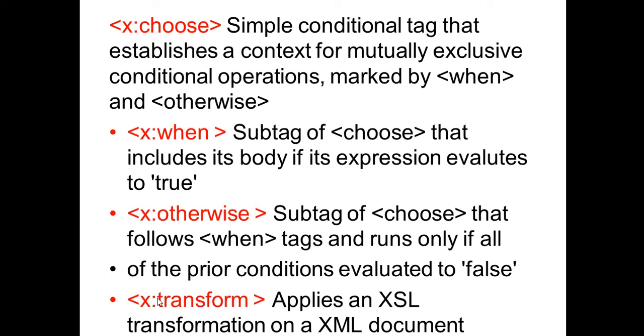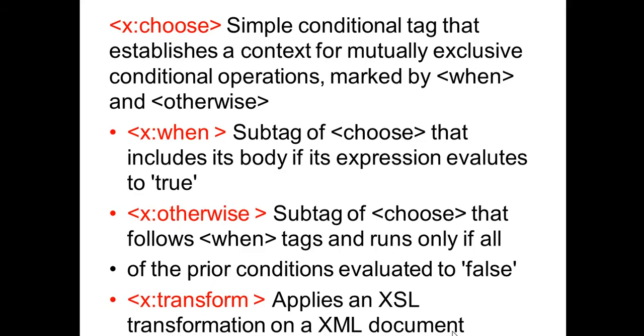And if you want to transform an XML document with an XSL file, an Extensible Stylesheet Language file, then you can transform your XML document into any formatting with the help of the x:transform tag. It applies an XSL transformation on an XML document.